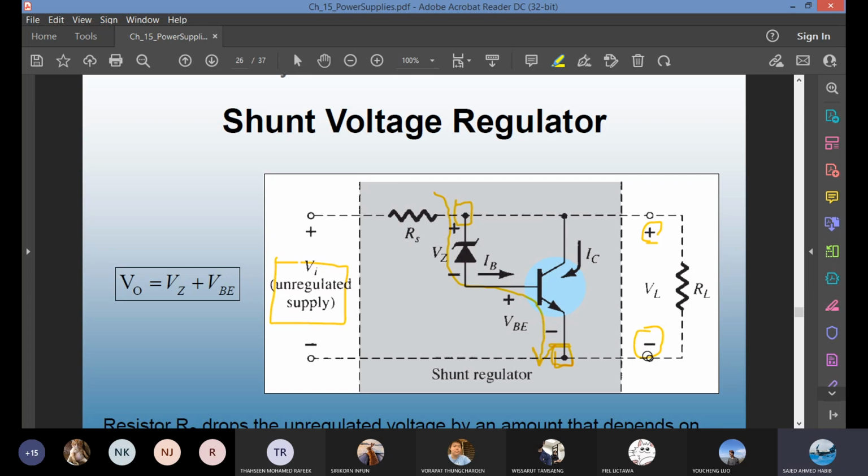Therefore, the output voltage Vout or VL in this case will be VZ plus VBE. Because the parallel node, the total voltage is VZ and VBE. Whatever the Zener voltage you are given plus 0.7 volts, and Vout or VL is just parallel to it. It is called a basic transistor shunt regulator.